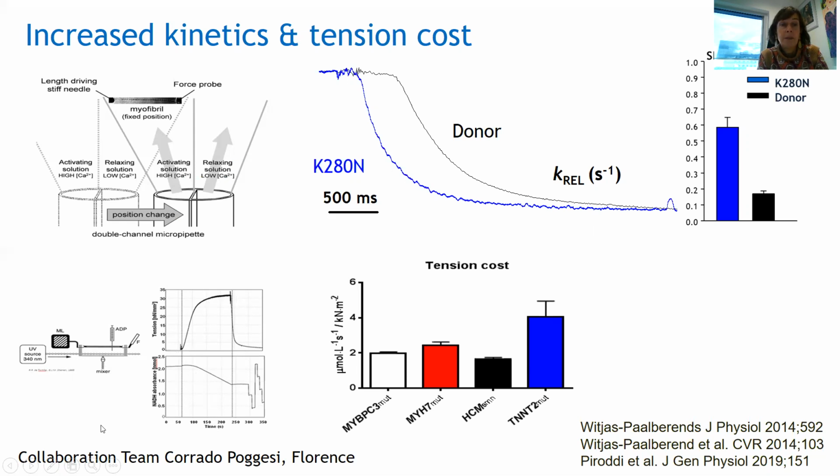And we could also measure ATP consumption using this setup, where we measure force development and at the same time the ATP utilization, and we can calculate tension cost. And this means how costly is the development of tension, so how much ATP is consumed for the development of force.